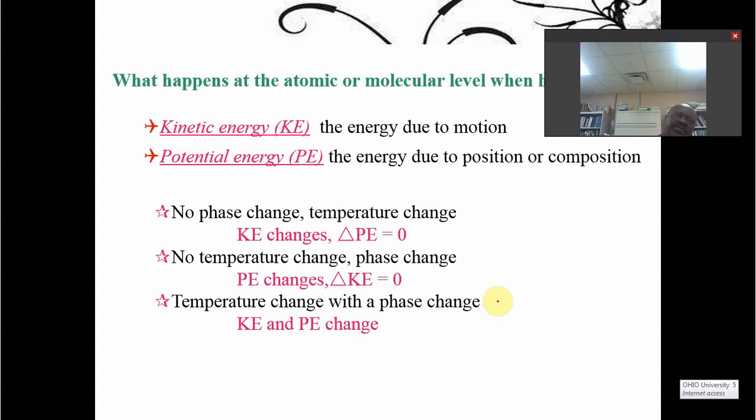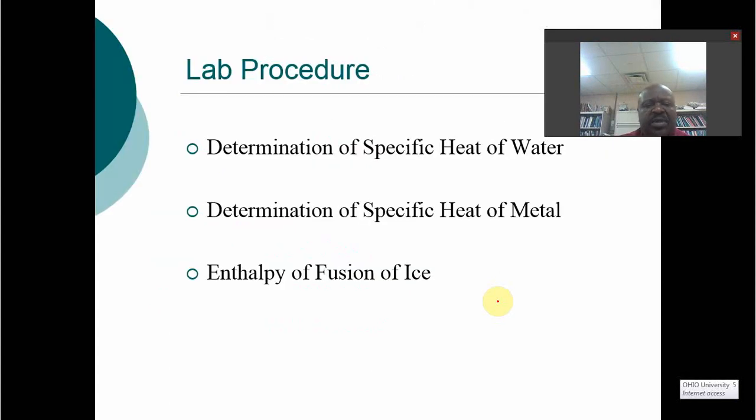So if I go from 5 degrees to 95 degrees, and this is water, the change in potential energy is 0, the change in kinetic energy is sizable. However, when you get to any phase change, we'll say the change in kinetic energy is 0, and the energy we're inputting or removing from the system is changing the potential energy. So that's our mental view of the energy of the system when we do this experiment.